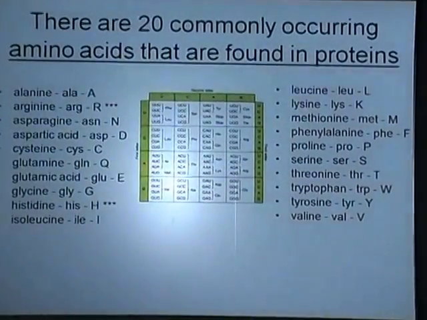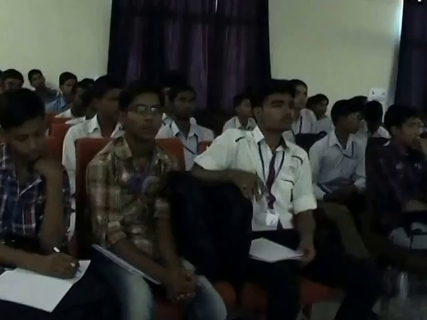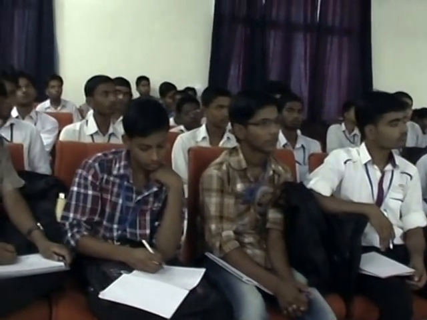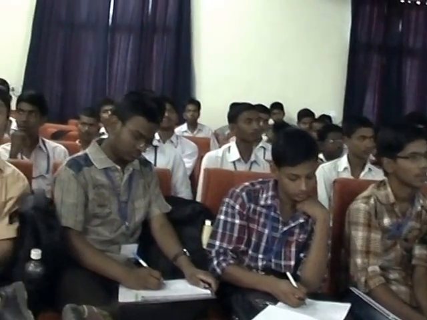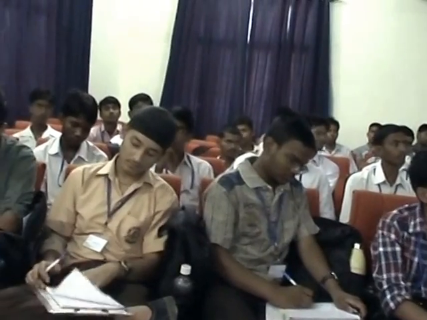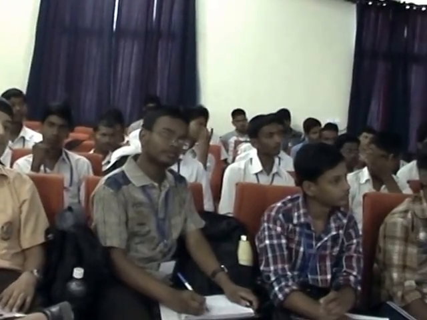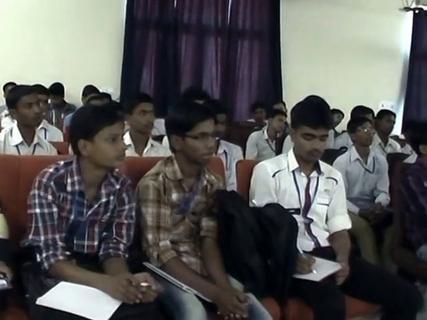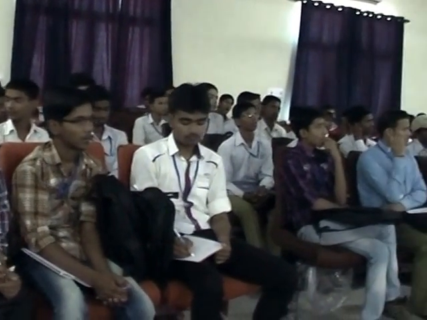As I was telling, there are 20 commonly occurring amino acids inside a living organism, but not all can be made. What we cannot make, where will it come from? It will come from food supplements. So that is why foods are anyway important, but some foods are more important than others.